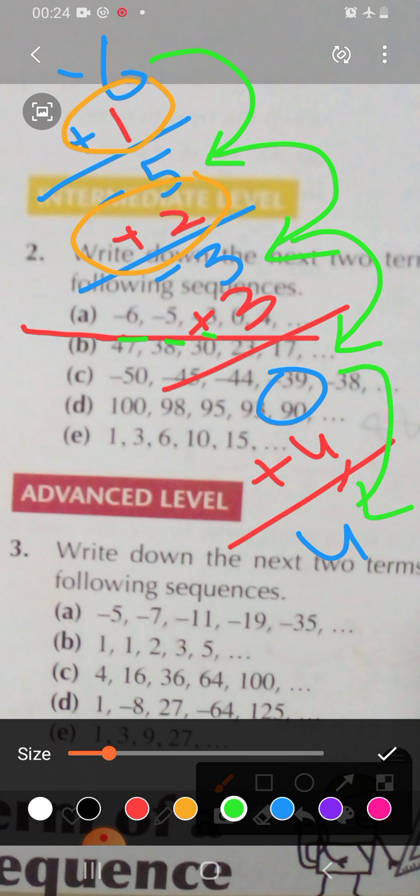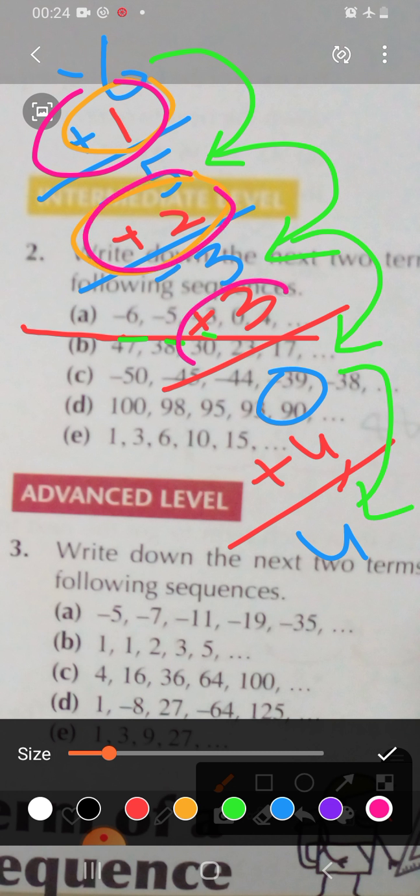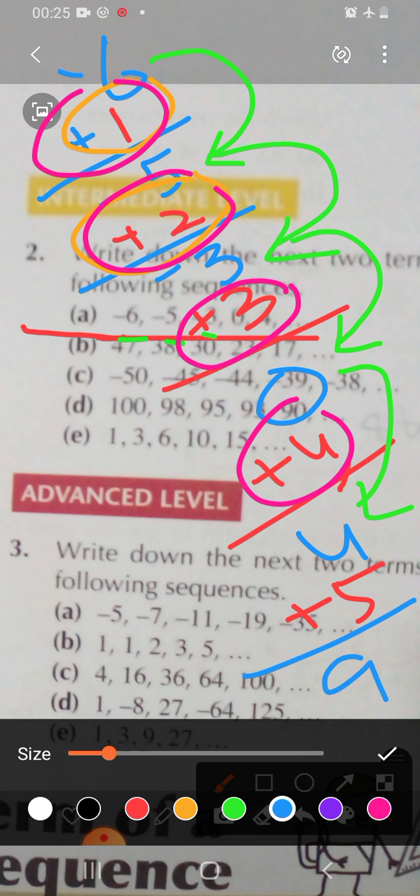Now what's happening in this sequence? Here we are adding 1, then adding 2, then adding 3, then adding 4. Now to get the next number we have to add 5, so it will become 9, and then we have to add 6 to get the next number.